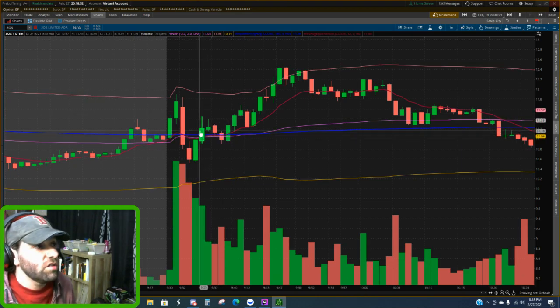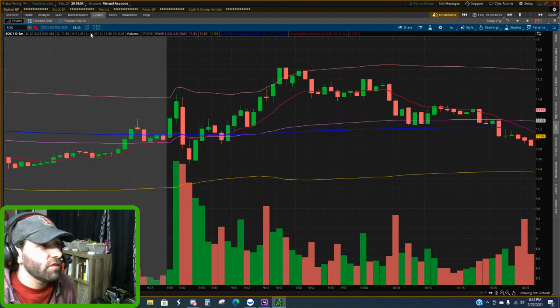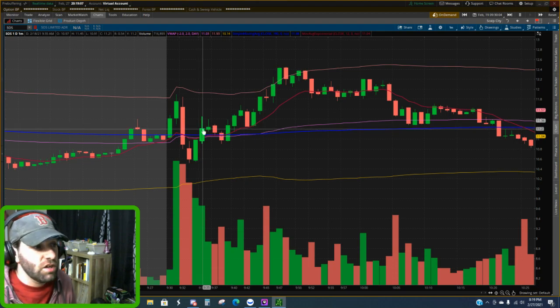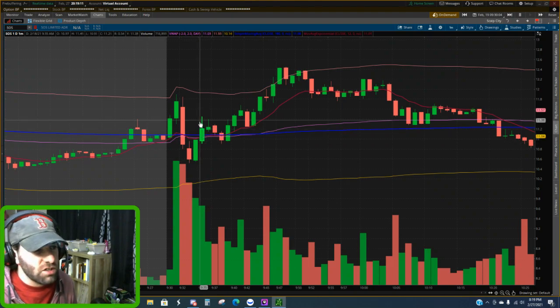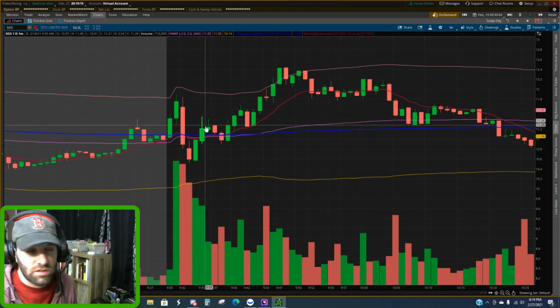Because this candle, if you look up top here, this candle opens at 1097. It's a high of 1147, low of 1091, and closes at 1121. So that's a huge range. The range is 54 cents. So most new traders are thinking, oh, they're missing this.